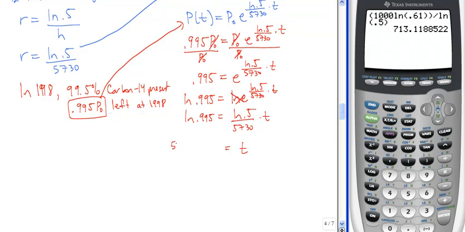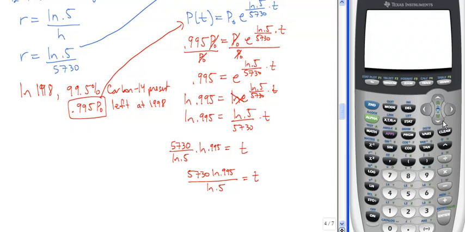And on the left side, we get the reciprocal of 5730 divided by ln of 0.5, and that's being multiplied by this ln of 0.995. So if you wanted to group this together a little bit better, it's 5730 ln of 0.995 all over ln of 0.5. So let's go ahead and plug this into our calculator.